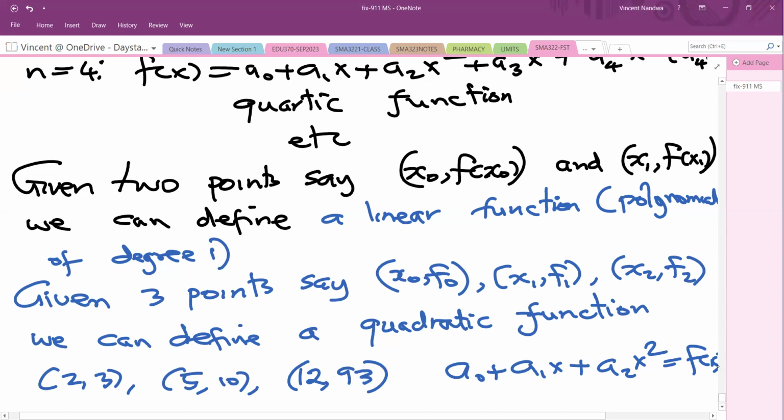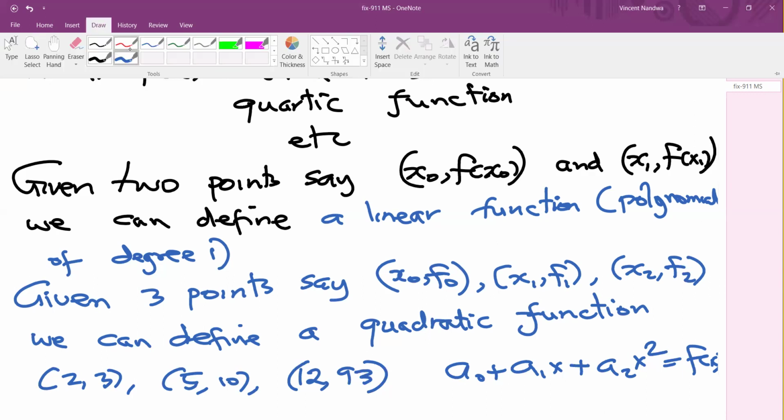Then you get that given function. So if we have 3 points, they can help us define a quadratic function or a polynomial of degree 2.